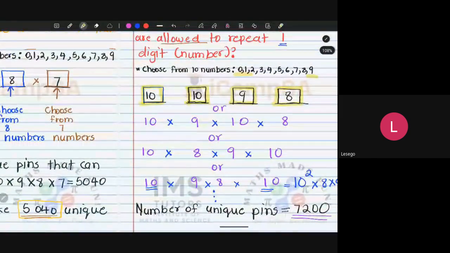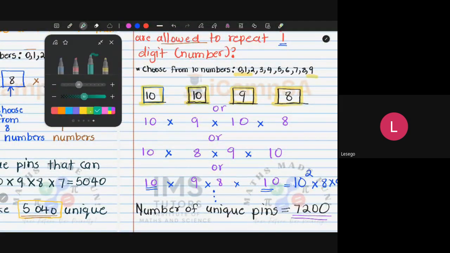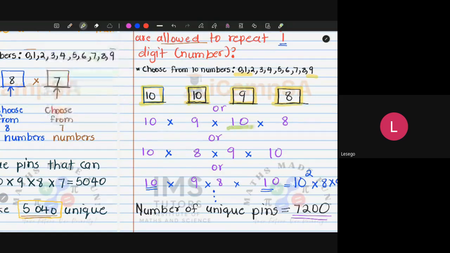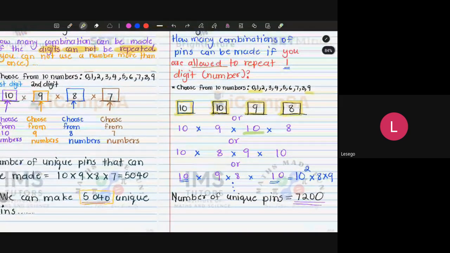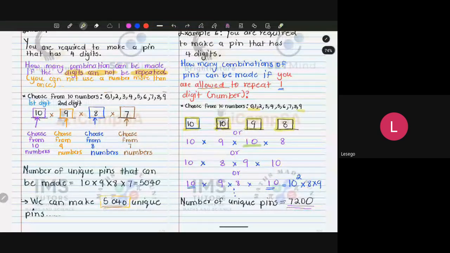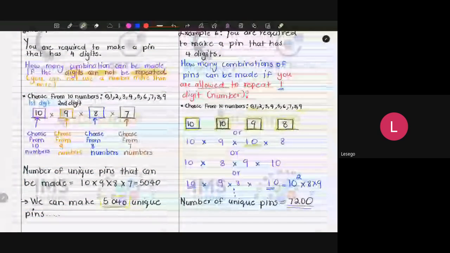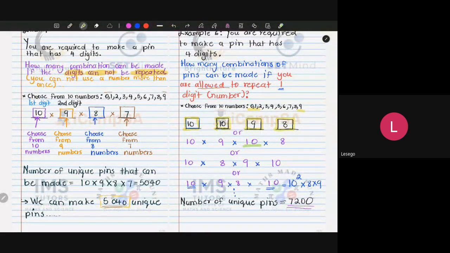And what I was doing here in purple was just to show you that we can choose the first and the third number as being the same and so on. But we found that if we are allowed to repeat 1 digit in our 4-digit pin, we will end up having 7,200 different combinations that can be made.